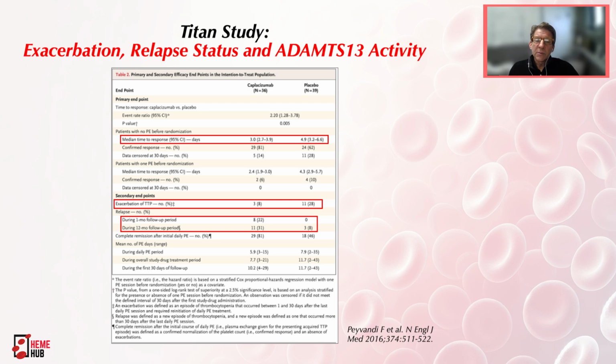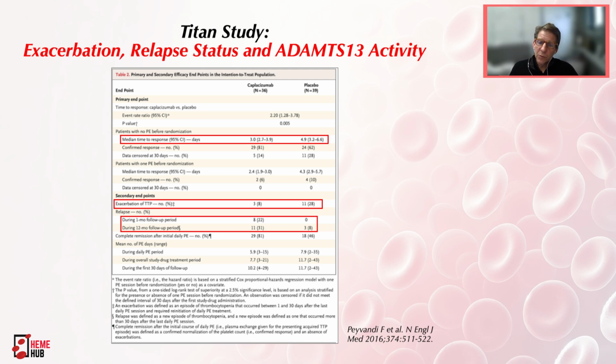So as you might expect, if you block the consumption, if you block formation of microthrombi, you've got a quicker time to a normal platelet count with caplacizumab compared to placebo. And that's a nice, clear, upfront endpoint. It's not that clinically exciting. It's not that clinically important. But what is important is the exacerbation rates. And what you can see here is the marked reduction at 28% in placebo versus 8% in the caplacizumab treated patients.